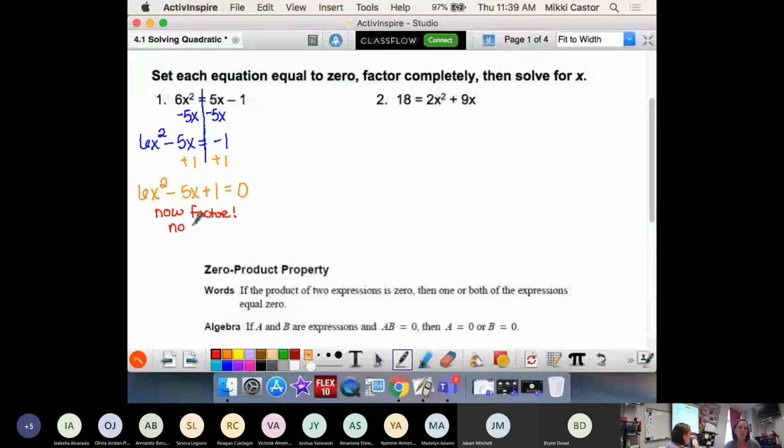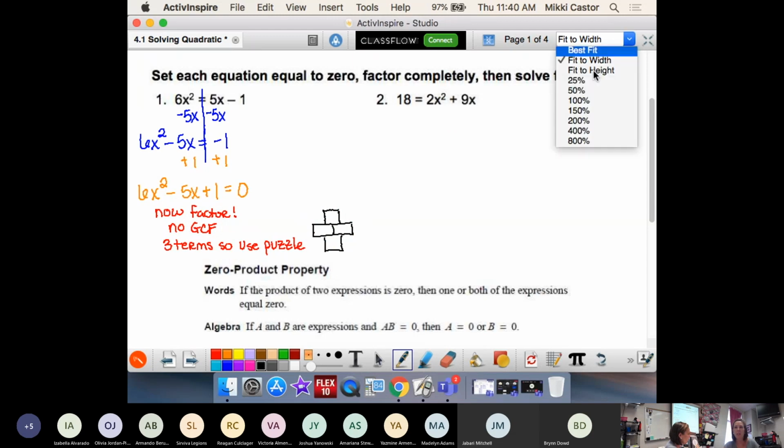So no GCF. There are 3 terms. So we're going to use the puzzle. So I'm going to fill in my little puzzle boxes here.